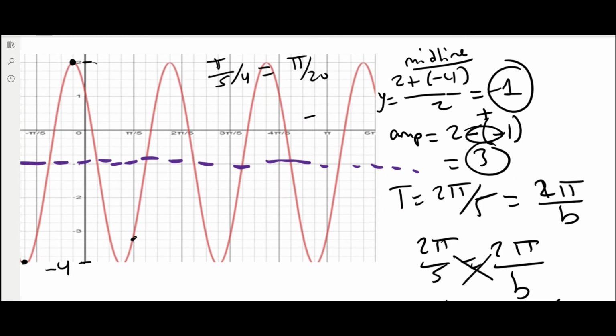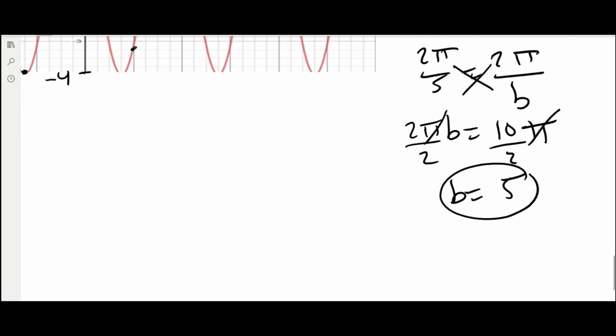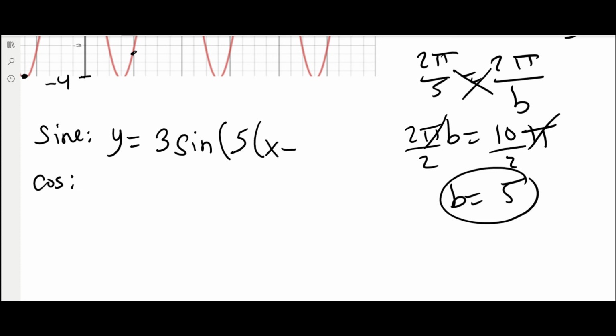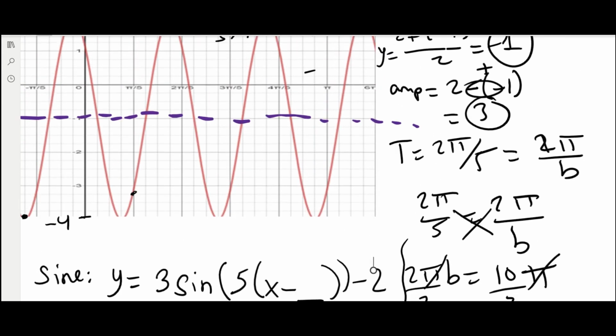Let me go ahead and write down the sine and the cosine equation as we have it so far. For our sine, we have A sine of B times x minus blank, because we don't have the C yet, plus D. I believe we said D was -2, or was it -1?